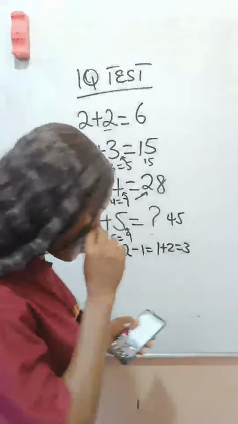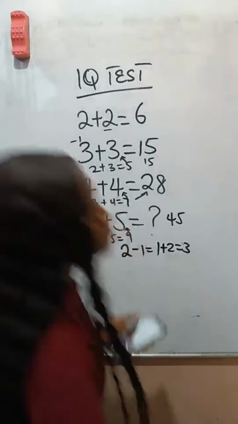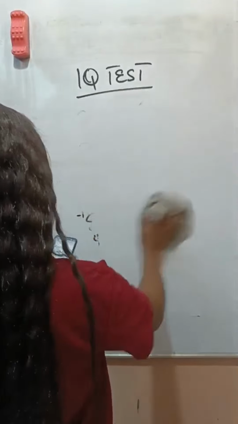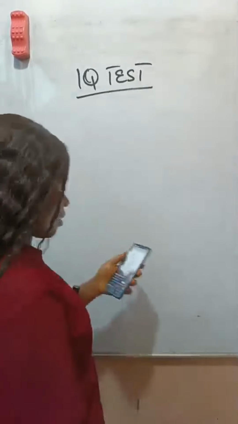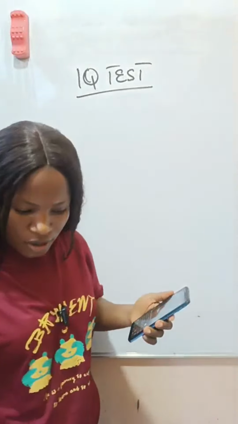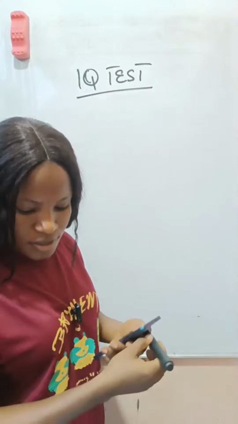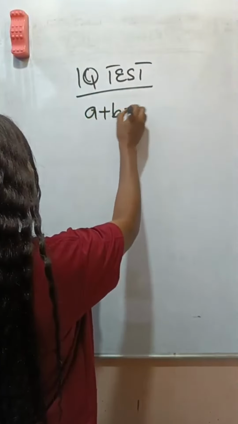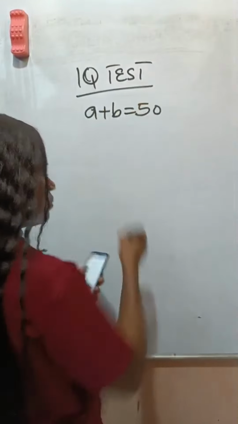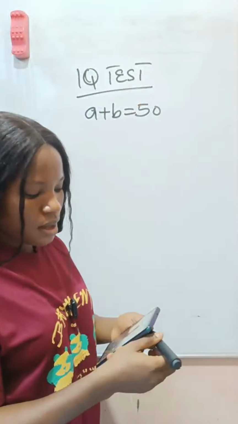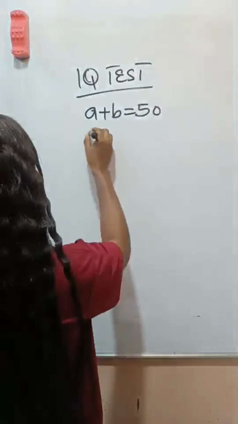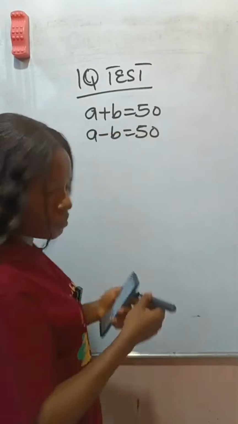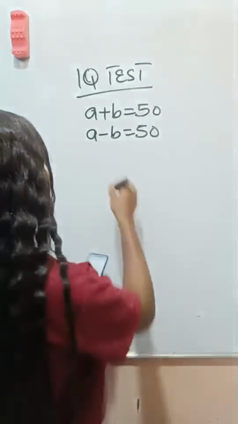So you can please tell us how you got 35, sorry. So while you do that, let's drop another IQ question. This says if A plus B is 50 and A minus B is 50, now what is A multiplied by B?